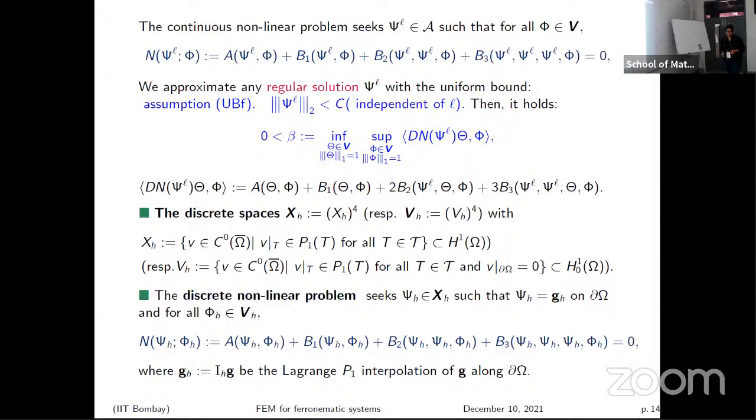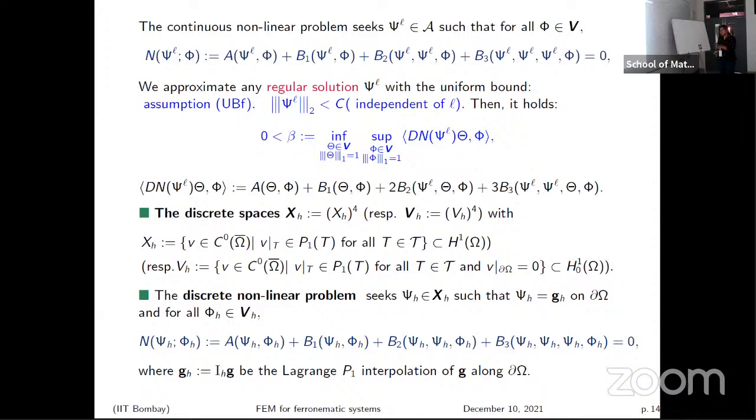found in this way. So the discrete space is the product space and X is the conforming finite element subspace of H1 omega, which consists of all continuous functions such that on each triangle it is a P1 polynomial, and this triangulation is a shape regular triangulation.